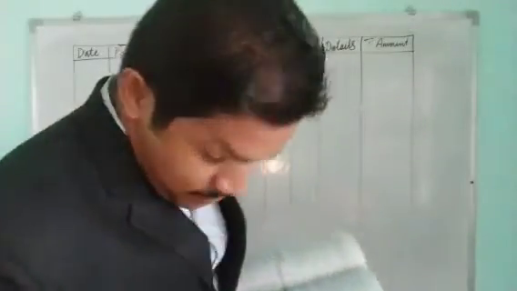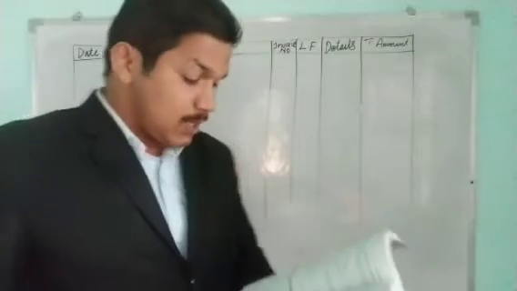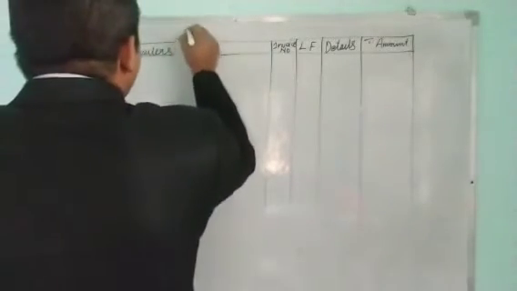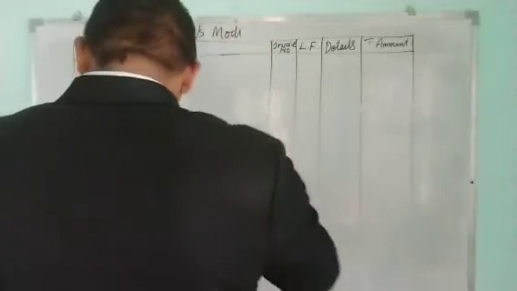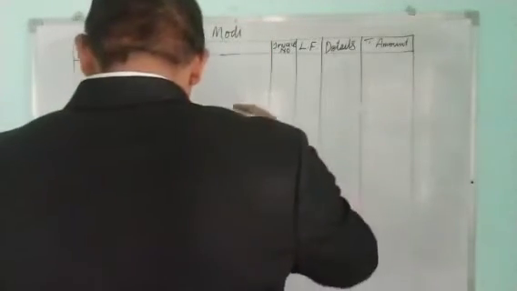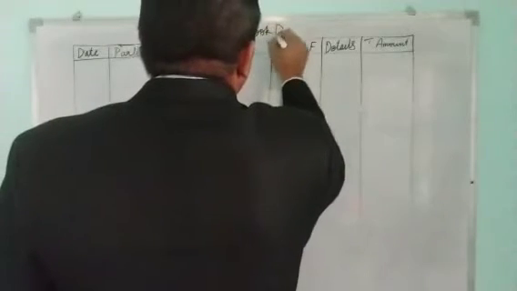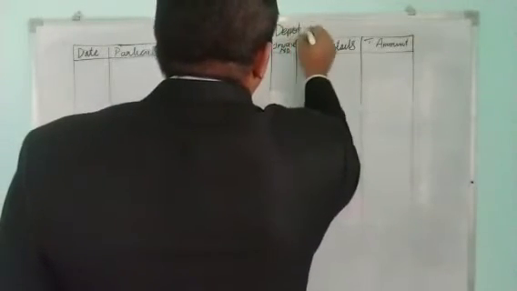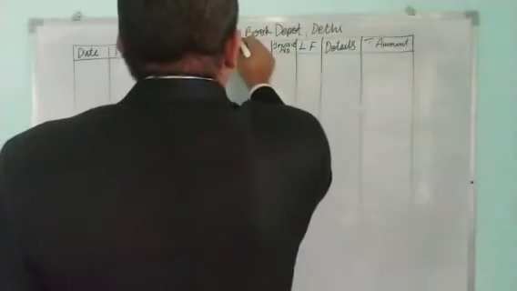So first, the name of the company we have to mention, like Modi Book Depot. Under that we write Purchase Book.